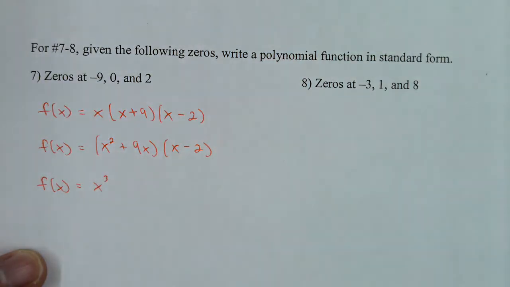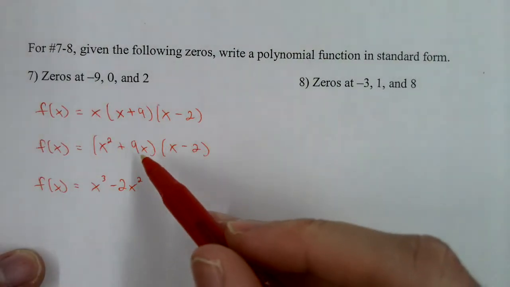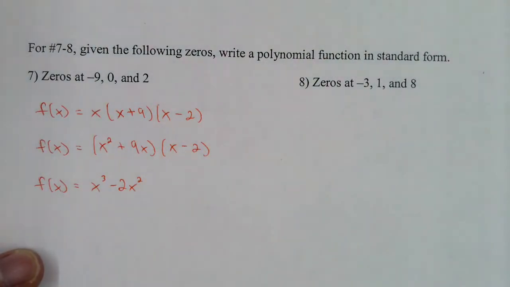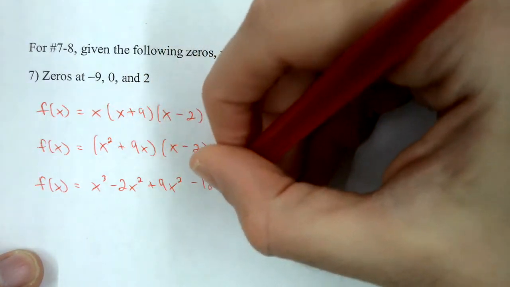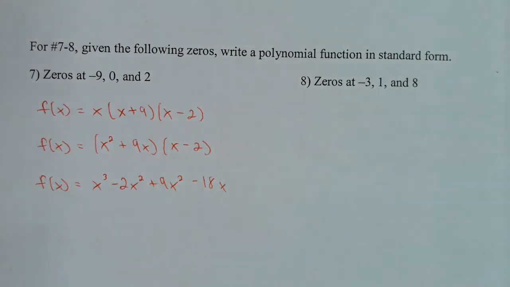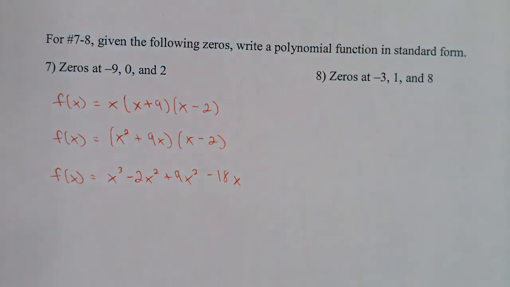X squared times negative 2 at the end will be negative 2x squared, plus 9x times x, so plus 9x squared. And then minus 18x, because 9x times negative 2 is negative 18x. Combine like terms, make sure that it goes in descending order by degree. So it'll be x cubed plus 7x squared minus 18x.